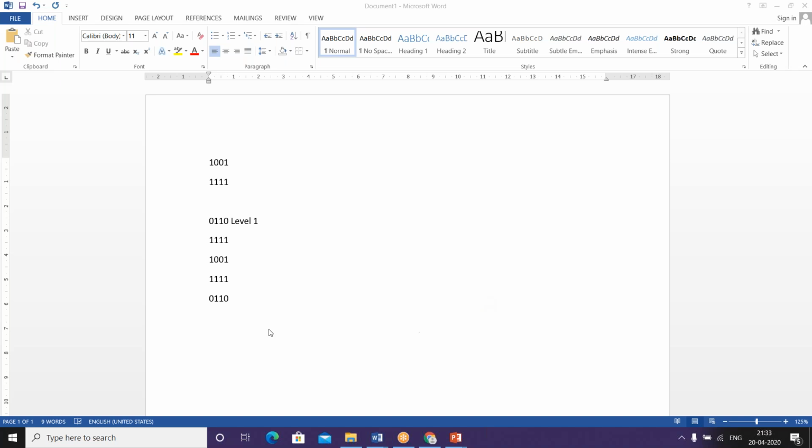Okay, fine. So now, still further, I want to strengthen this algorithm. So what can we do? I would give a simple method. For example, if I have this plain text 1001, and if this is my key 1010, right?